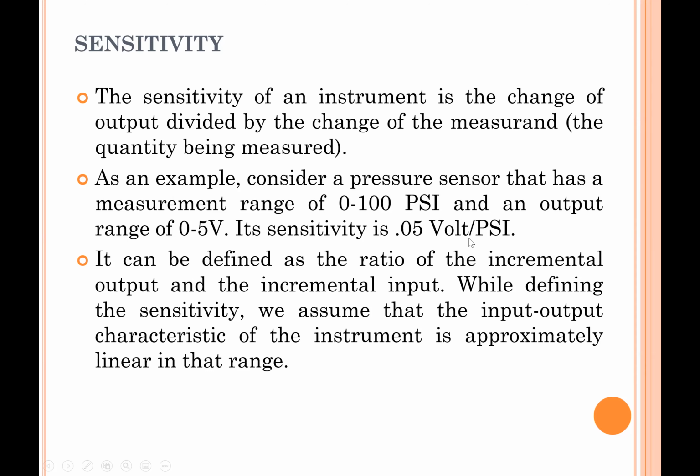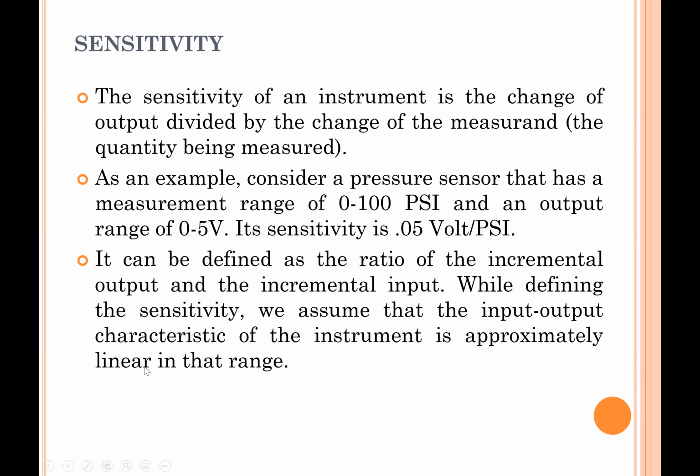This indicates that if there is a change of 1 psi, there will be a change of 0.05 volts at the output. So it can be defined as the ratio of incremental output and the incremental input. While defining the sensitivity, we assume that the input-output characteristic of the instrument is approximately linear in that range.